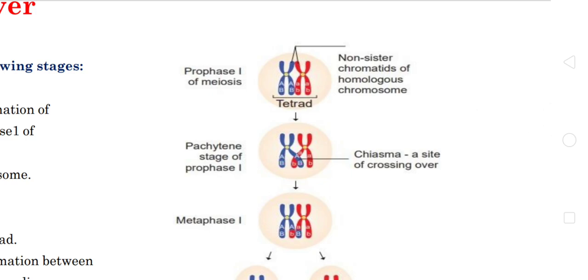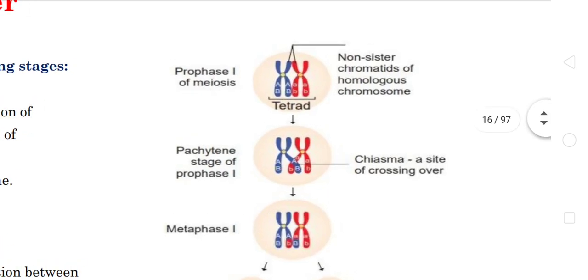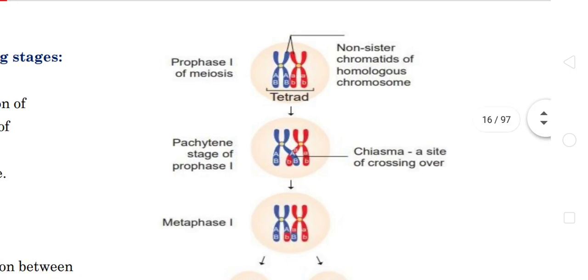Synapsis is a process in which pairing occurs between the 2 homologous chromosomes. Both chromosomes look alike, and are called homologous chromosomes. This occurs during the zygotene phase of prophase 1 in meiosis 1.